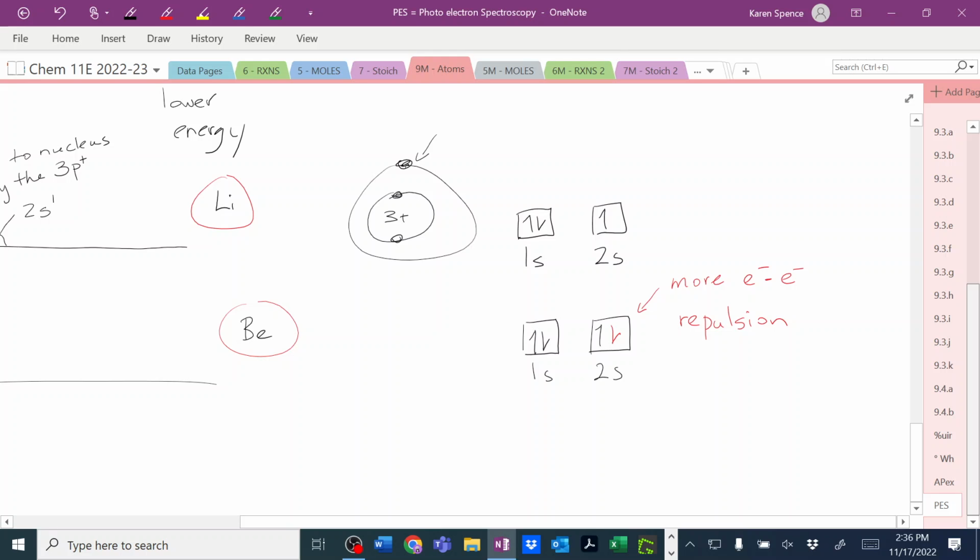Yeah, I believe that does make a lot of sense. If you're further from the nucleus, probably the electron-electron repulsions matter more.